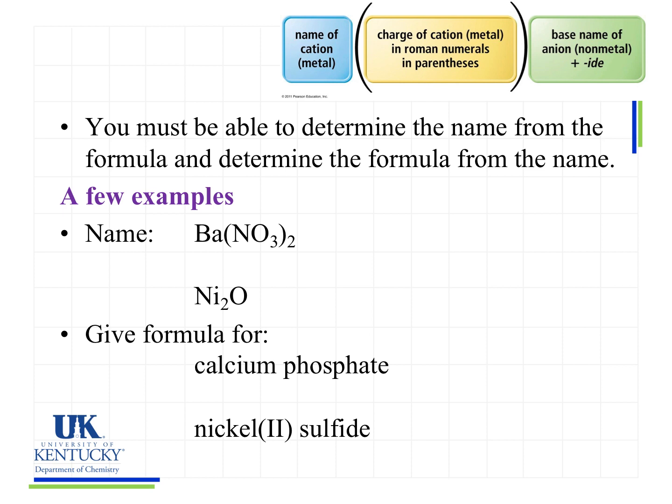So basically this is how you write the name of the ionic compound. You write the name of the cation, metal. If needed, you write the charge with the Roman numerals, and then you write the name of the anion. If the anion is a non-metal, you add IDE in the end. If it's a polyatomic ion, you just write the name of the ion.